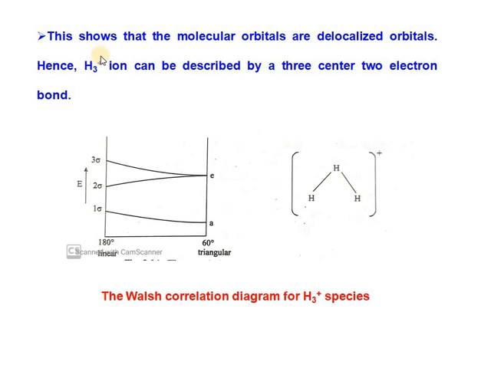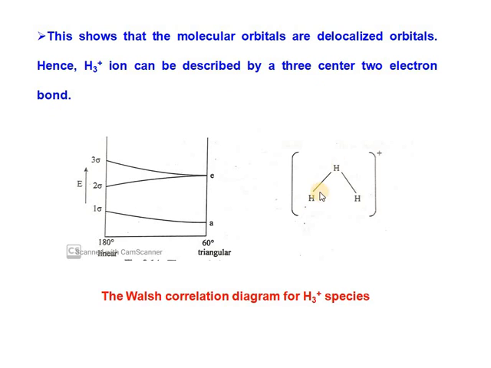This shows that these molecular orbitals are delocalized orbitals, right? A type molecular orbitals are the delocalized orbitals, and therefore the S3 plus ion can be described by the 3 center 2 electron bond. Why is it a 3 center 2 electron bond?